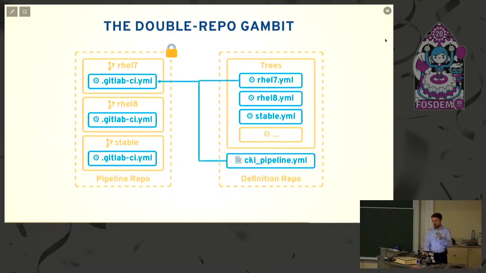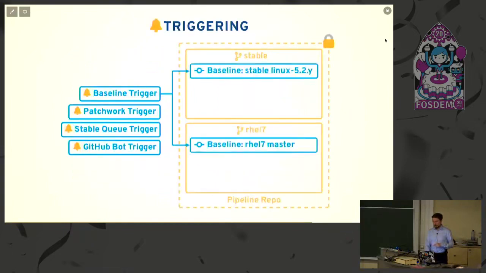Basically, these are 2 repos, and the repo on the left is only including pieces from the other repo. This lets the triggers do commits with the information about what we want to test inside that repo. And we need two repos so that these commits don't interfere with the development commits we have.